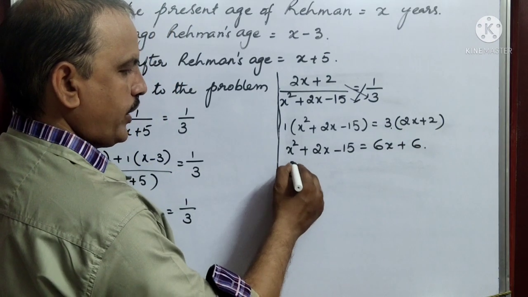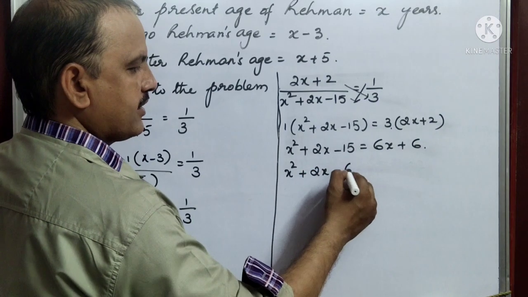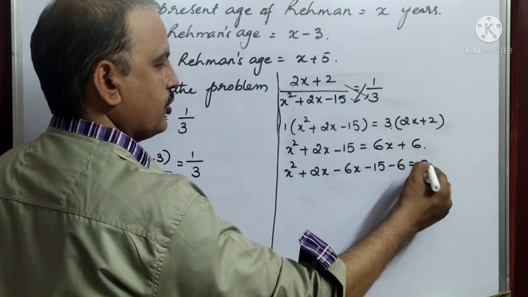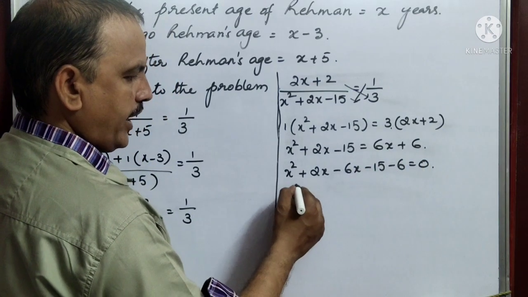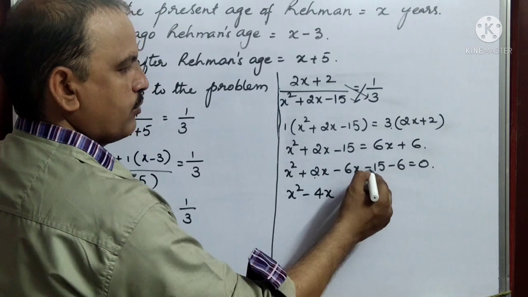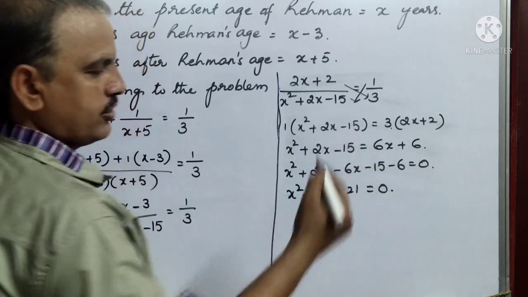Okay, now x square plus 2x minus 6x minus 15 minus 6 equals 0. So x square, 2x minus 6x is minus 4x, minus 15 minus 6 is minus 21, equal to 0.